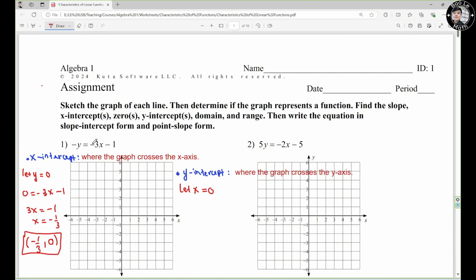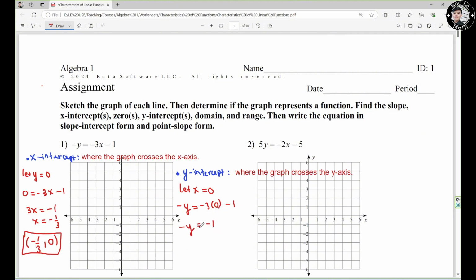So look at this equation. We're going to substitute 0 for x. So we have negative y equal to negative 3 times 0, minus 1. This negative 3 times 0 is going to be 0. So we have negative 1 left.